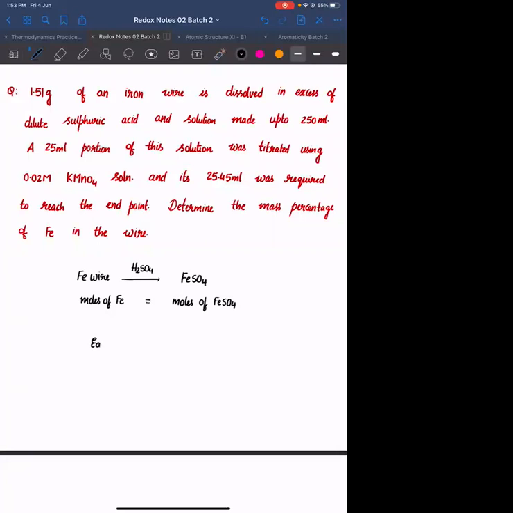So I can say equivalents of FeSO4 must be equal to equivalents of KMnO4. Am I right? What are the equivalents of FeSO4? You are taking 25 ml into molarity into the Z factor, which is 1. Yes, we just saw that. It must be equal to equivalents of KMnO4.